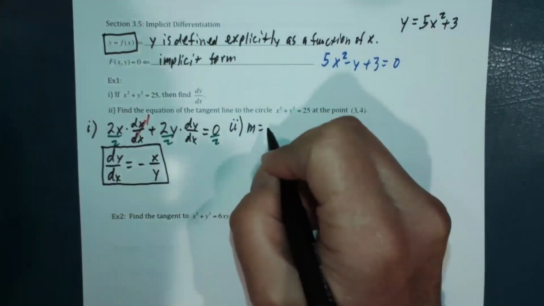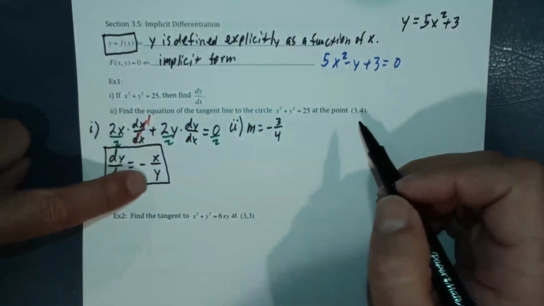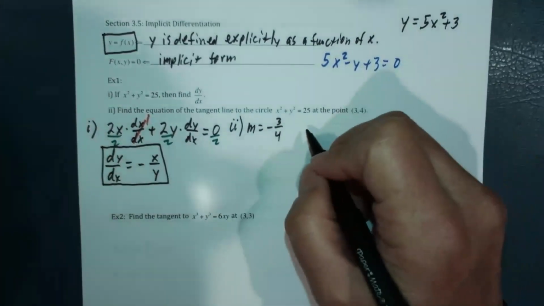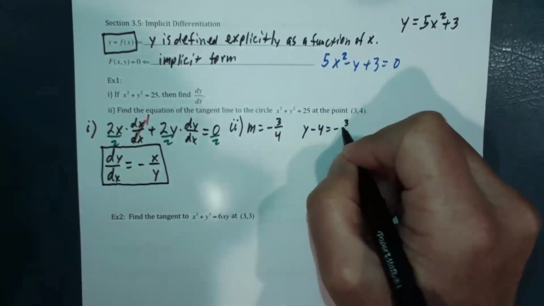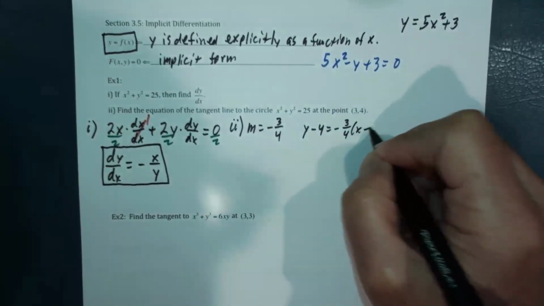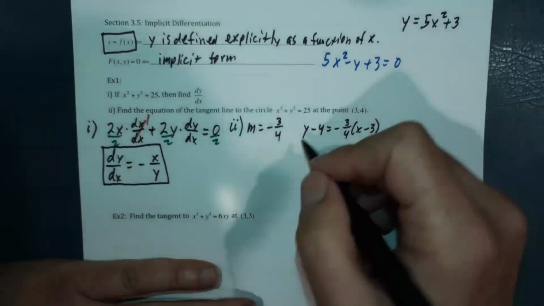Well, m is going to be negative 3 over 4, right? Negative x over y. So there's our slope. And our point slope form is going to be y minus 4 equals negative 3/4 times x minus 3. And let's clean that up a little.